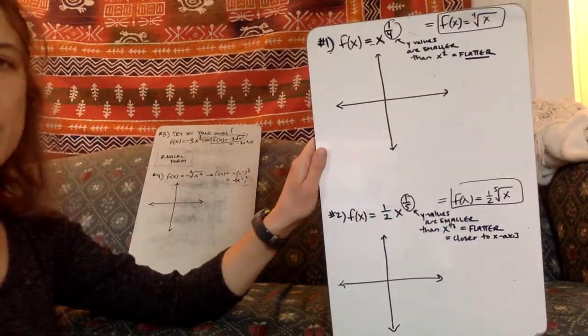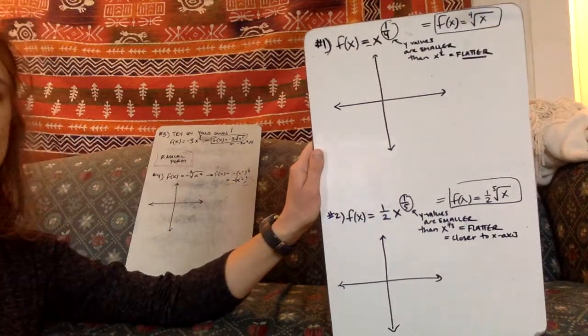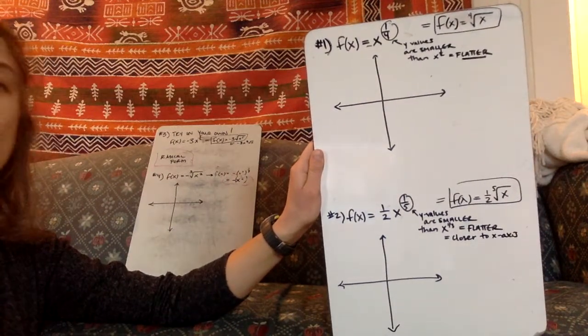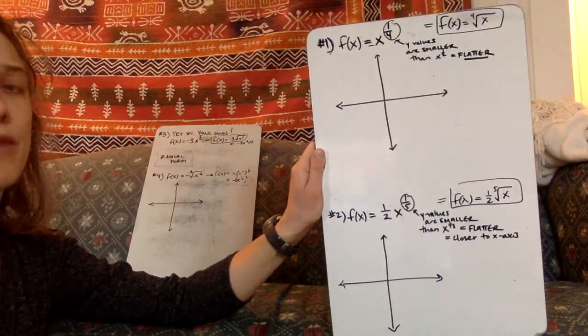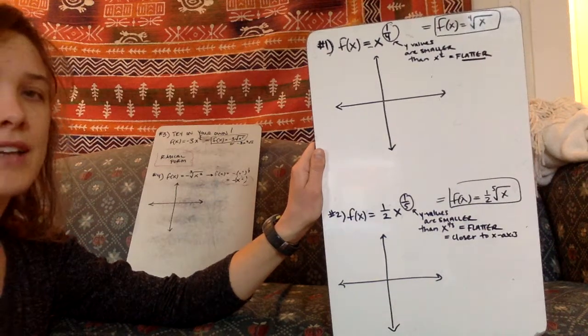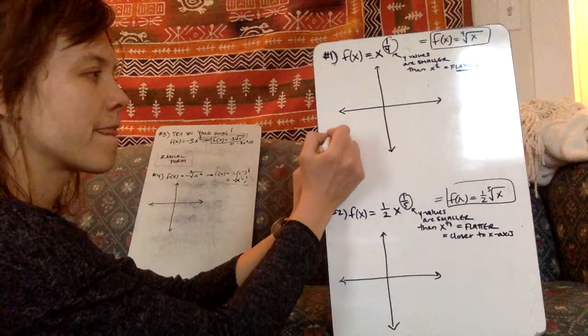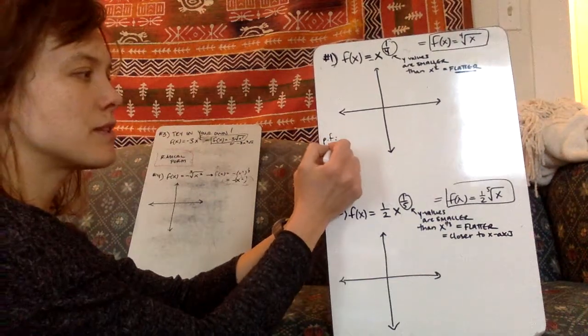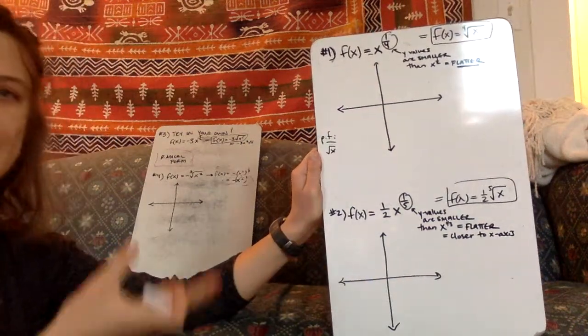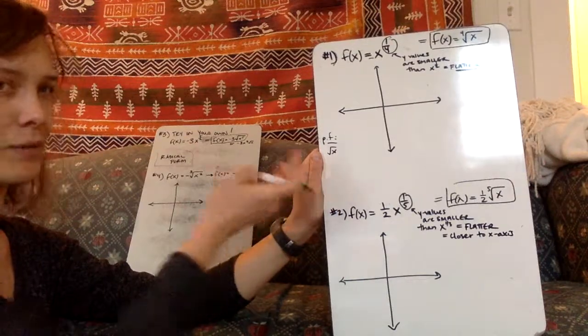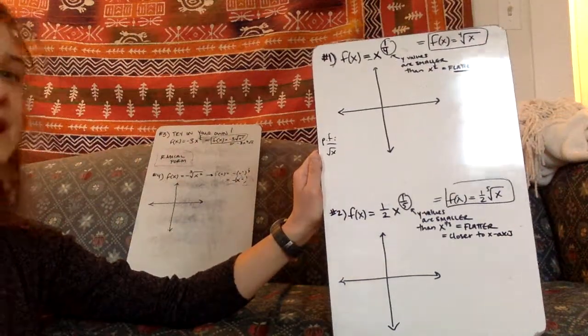So in number 1, we have f of x equals x to the 1/4, or I can rewrite that as f of x is the fourth root of x. And if we remember our parent function, I'm going to use the parent function of x squared because these are my even exponents, like x squared, x to the 4th, x to the 6th.